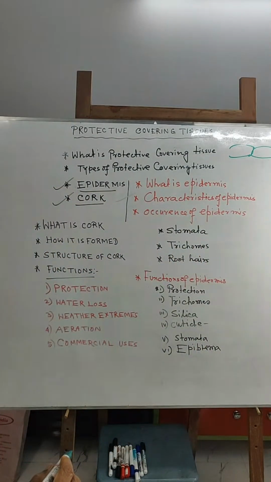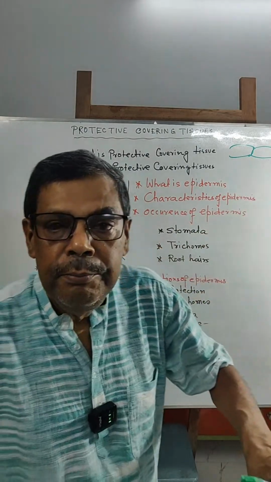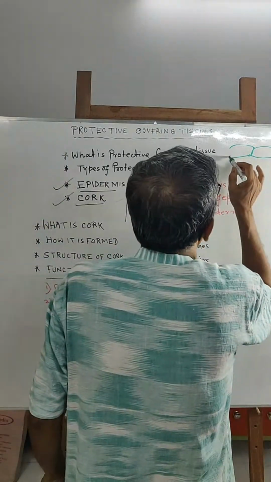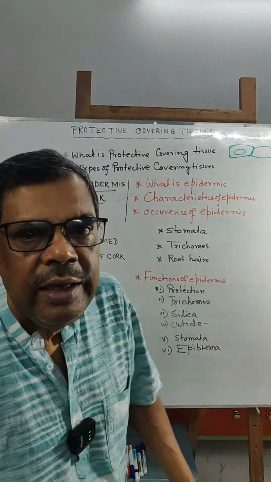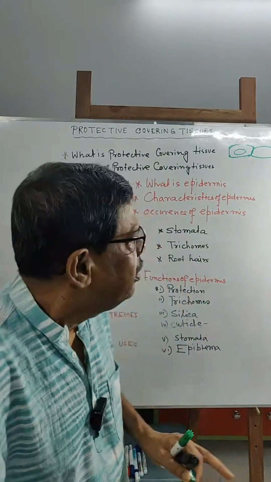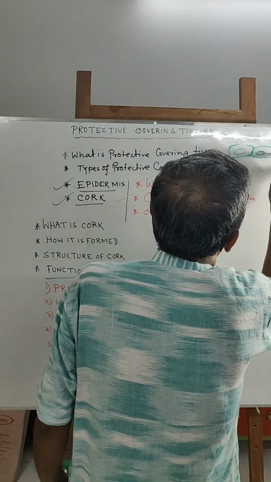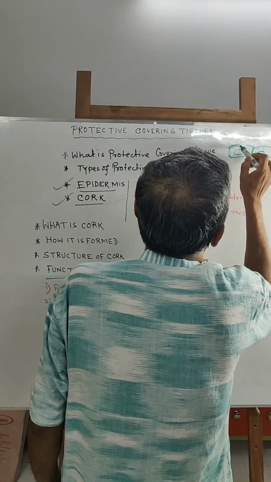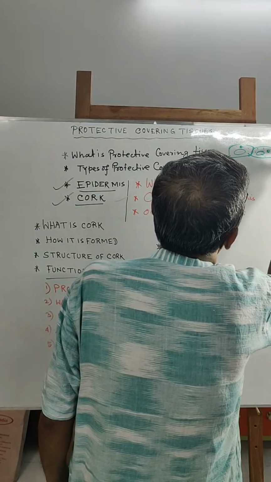Here is one layer of epidermal cells. The cells are barrel shaped. In the center of the cell there is a vacuole. The cytoplasm is peripheral. Within the cytoplasm, the nucleus is present.